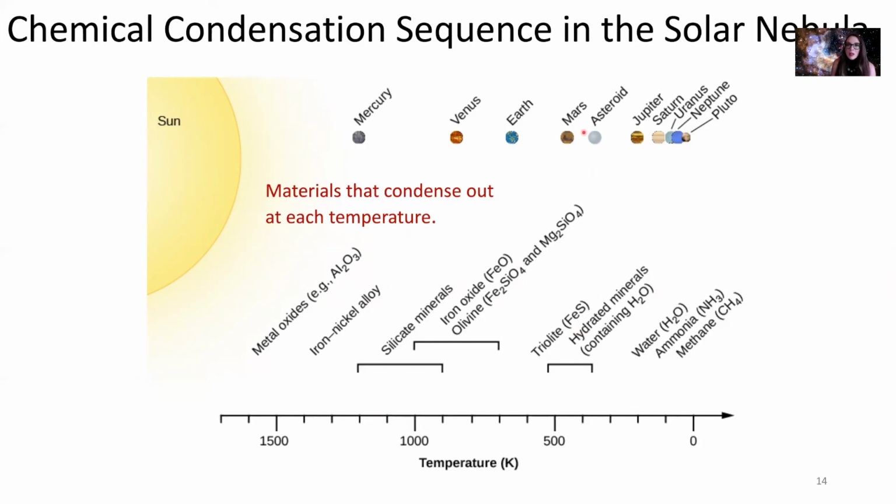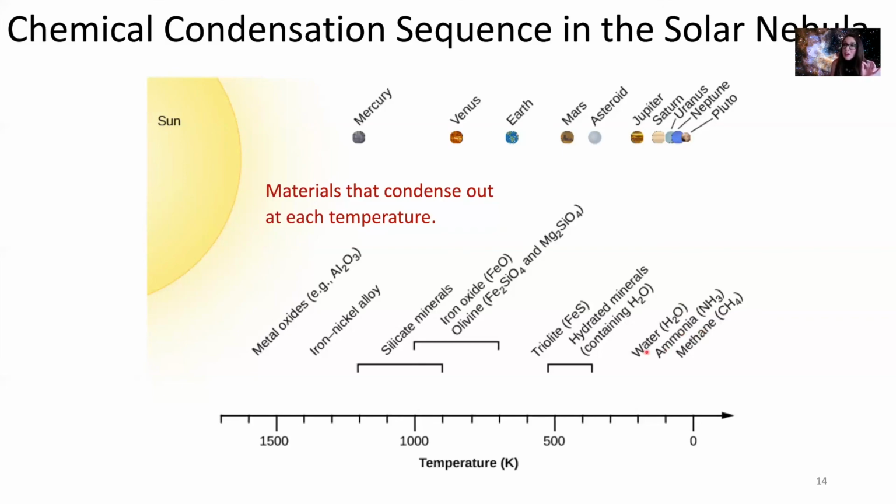Okay, so here we've got metals, irons, silicates, which are rocky things that are able to condense in our inner solar system. But it isn't until you get out to Uranus and Neptune and Pluto that water and ammonia and methane start to condense.